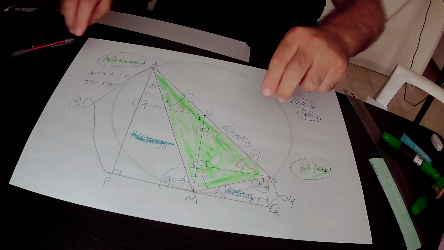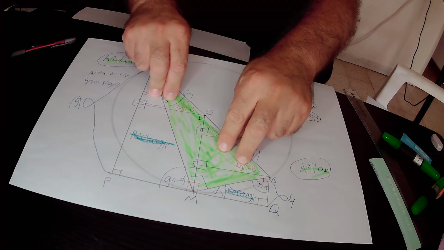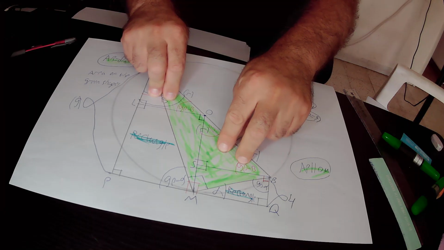In the next step, we prove that those two right triangles can go into each other according to the angle side angle rule.